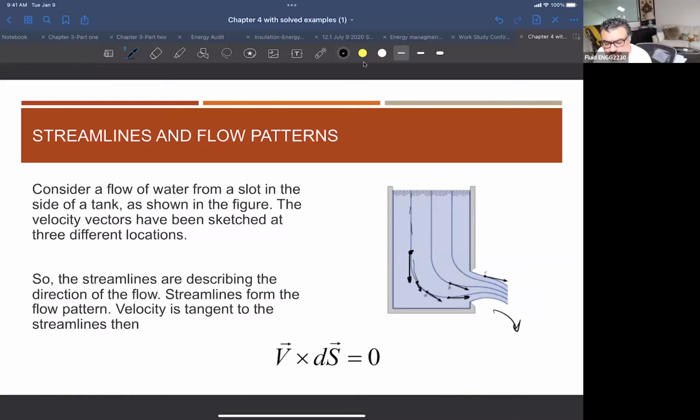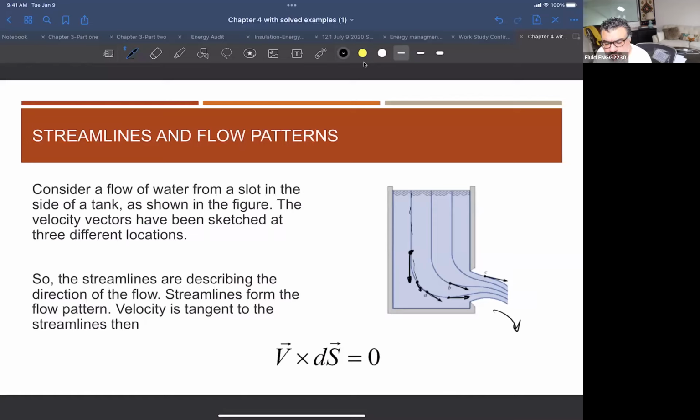That gives you what we call the streamline. And that's why we know that for a vector tangent to a line, the cross product of the velocity vector with the path S is zero. So at any point here the velocity vector is tangent, which means the angle between the tangent vector and the line vector of S is 0.